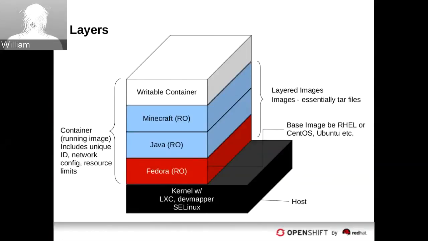Okay. So the idea is you have a base image, which could be RHEL or CentOS or Ubuntu, etc. Then you layer in extra packages on top of that, which become separate layers. And when you run it, that's your container. You could have lots of containers running on your host, as long as that host supports LXC.